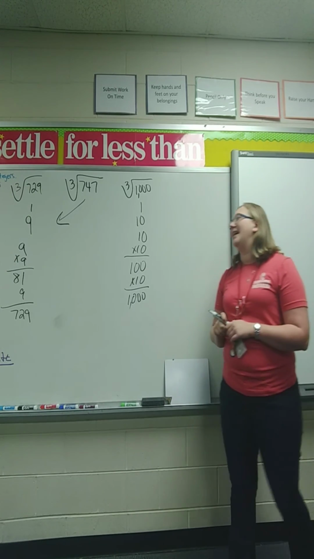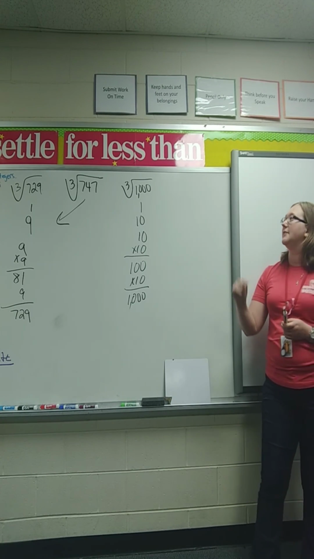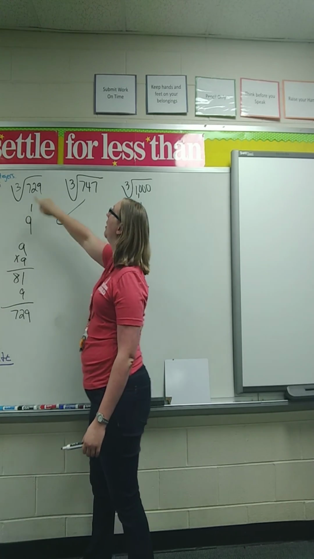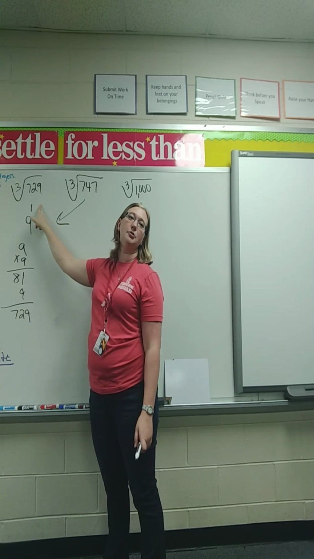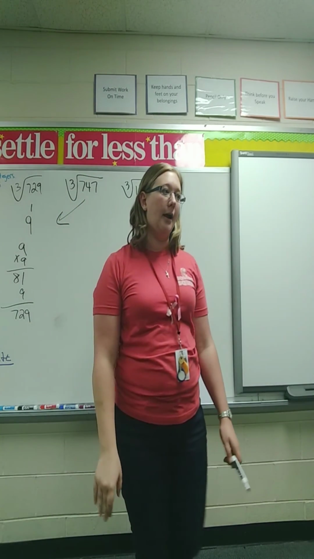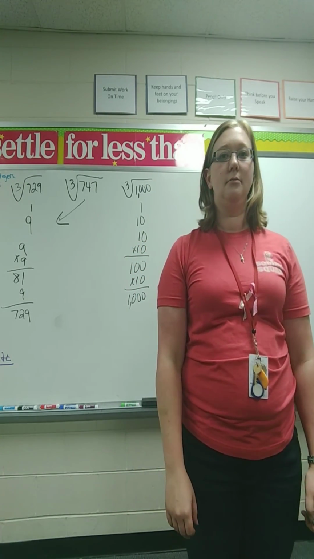We could multiply 9.5 times 9.5 times 9.5 to justify, but we know that if we have some space between 729 and 1,000, 747 is closer to 729, so it's going to be closer to 9. All right. Any questions? No? All right, thank you.